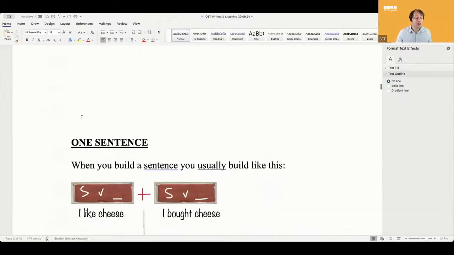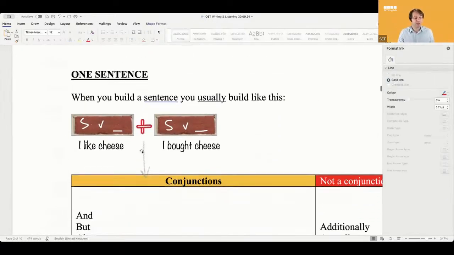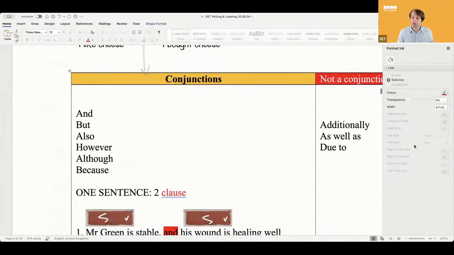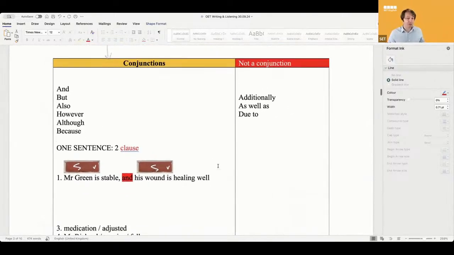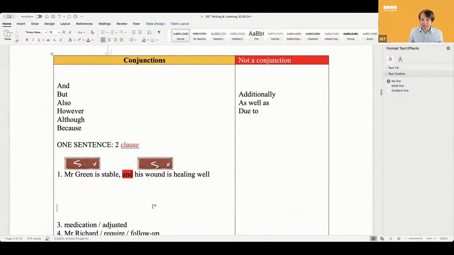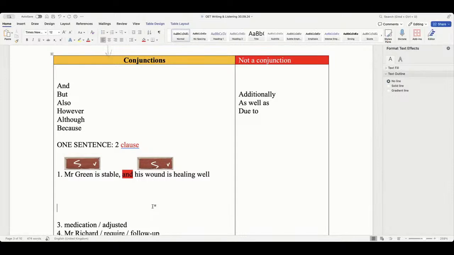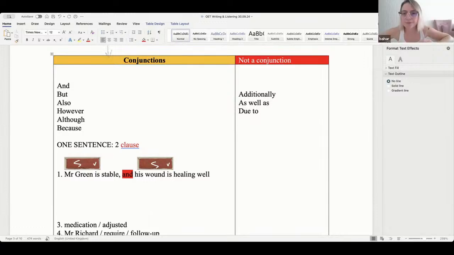And we join clauses usually like this with conjunctions. I know I'm going slowly today, but I just want everyone to understand this. Is this clear for you guys? Does this make sense? Yes.